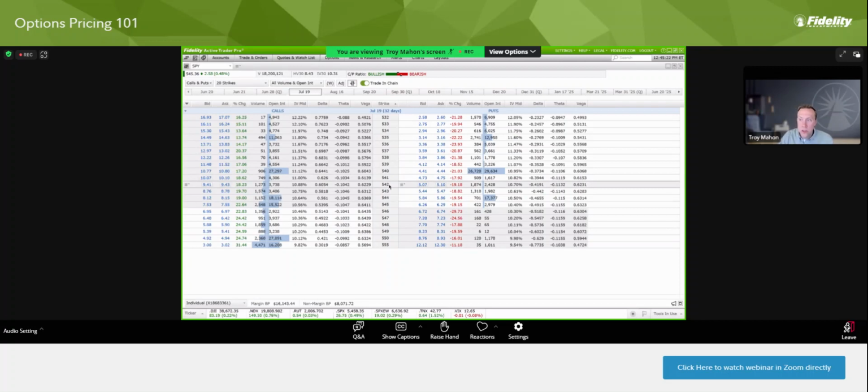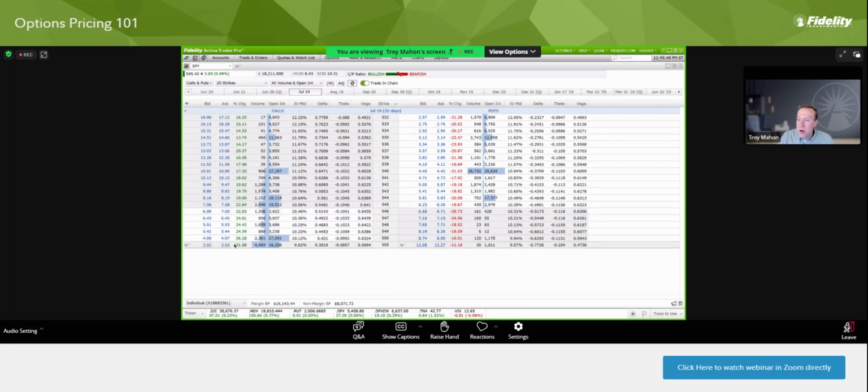Now, what do these two contracts have in common? The 542 strike put and the 550 strike call, they're both out of the money. On our chain, you can see the shaded regions are the in the money regions. The unshaded are our out of the money regions. When we get very close to the shaded region, we call that at the money because it's very close. It might be slightly in the money, it might be slightly out of the money.